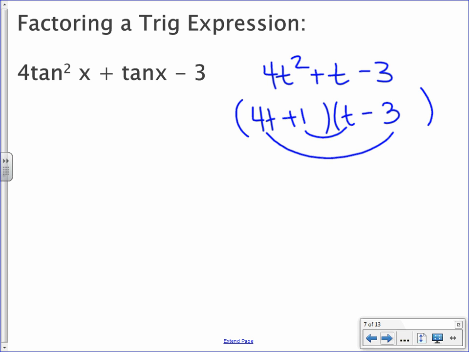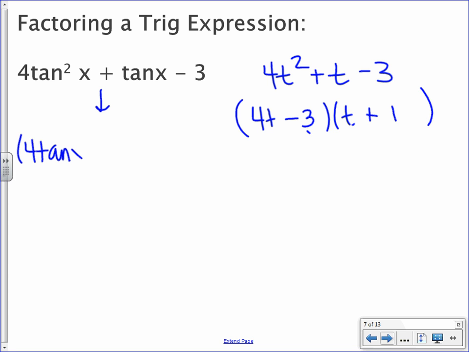Okay, so maybe let's try switching the 1 and 3. This gives us 4t minus 3t. Does that work? Excellent. So this factors to 4 tangent x minus 3 and tangent x plus 1.